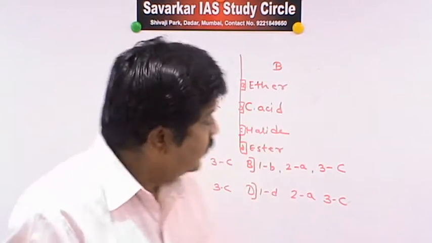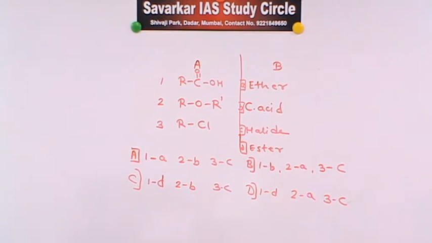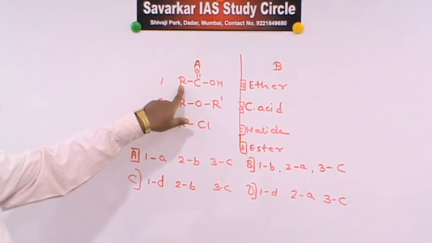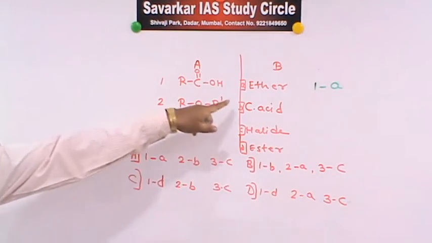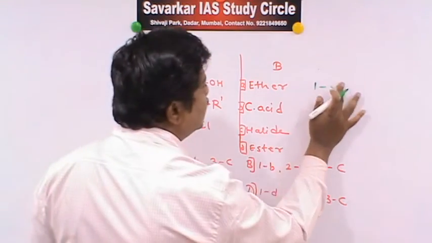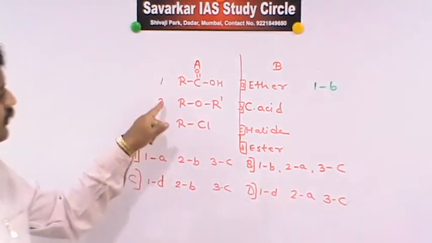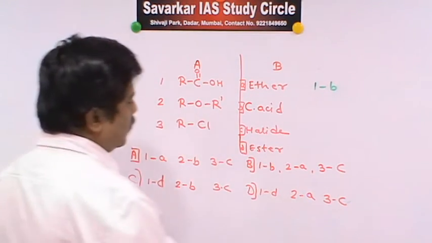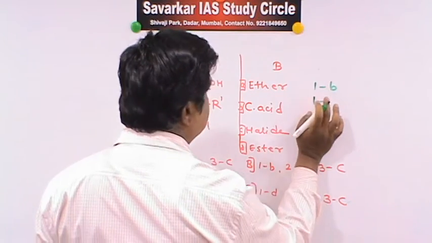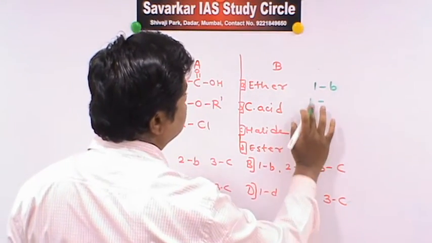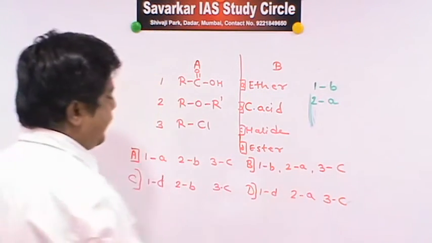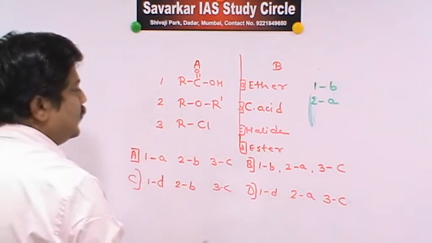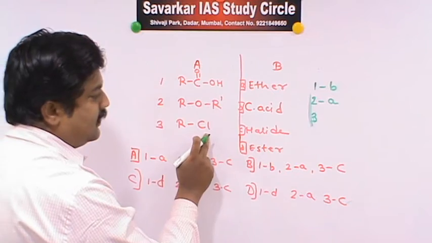Then match the column. This is all the question I have written here already. You can check that this group is an acidic group, so I should match 1 with B. The second one is ether, so 2 goes with A. The third is halide or chloride.